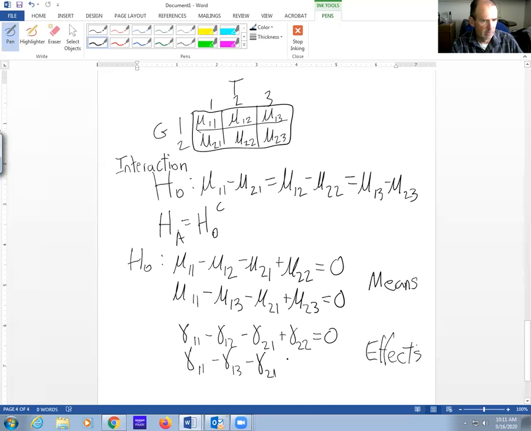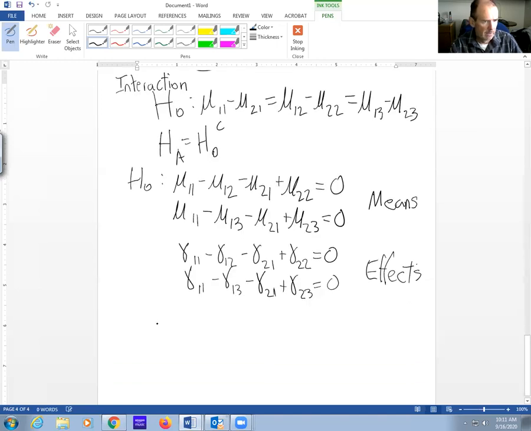So I'm jumping a little bit here due to the amount of time that we have left, but you have to remember that mu hj is equal to mu plus alpha h plus tau j plus gamma hj.